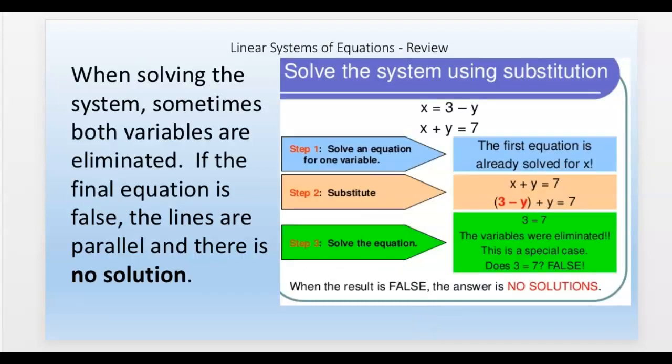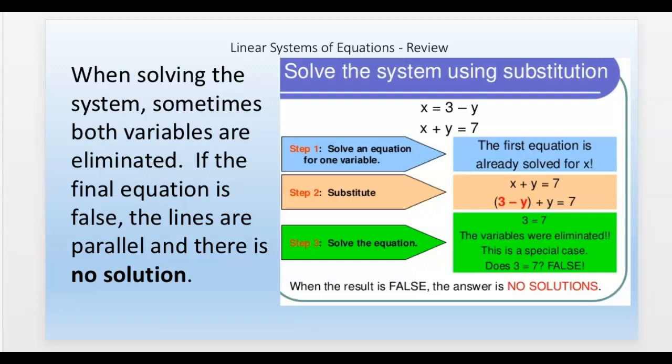Now, algebraically, when they have no solution, what happens? As you're solving the system of equations, the variables eliminate each other. If the final equation is false, then the lines are parallel and there's no solution. If you look at this one over here, at the bottom it says 3 equals 7. That's false, so there's no solution.